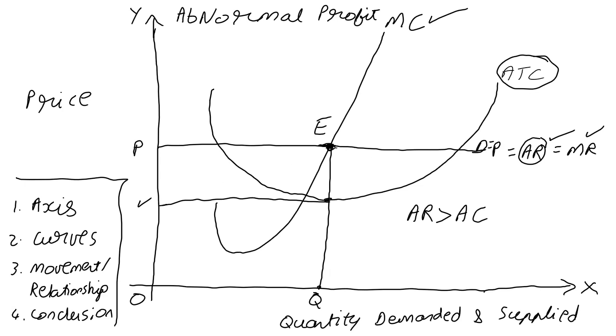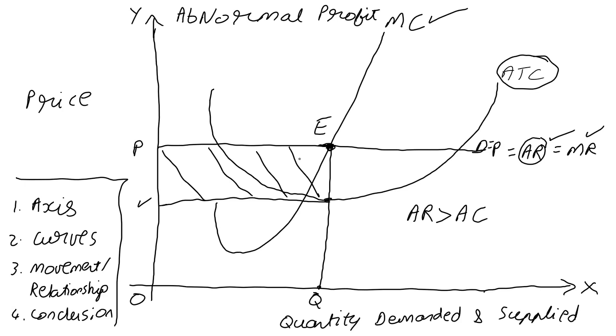But why do that when the demand curve is upstairs? This entire region becomes your abnormal profit. So abnormal profit can occur because the price is higher than your ATC, or because the average total cost decreases.